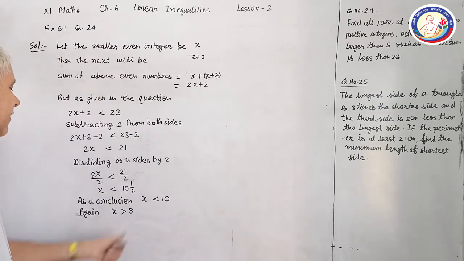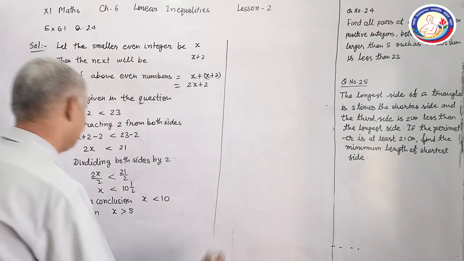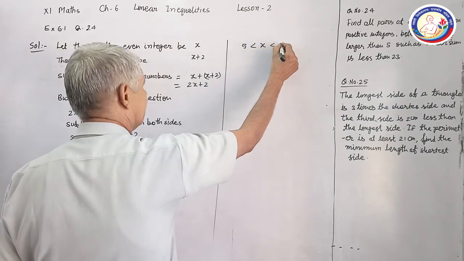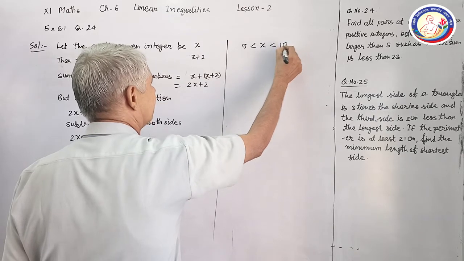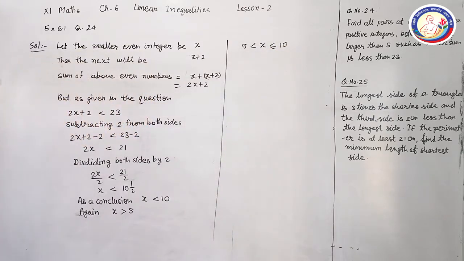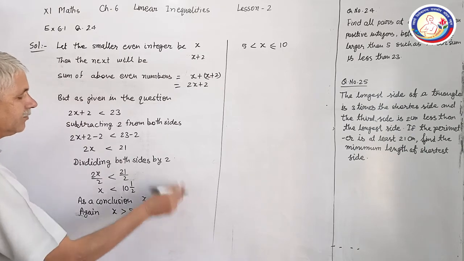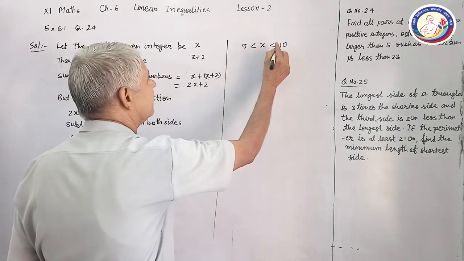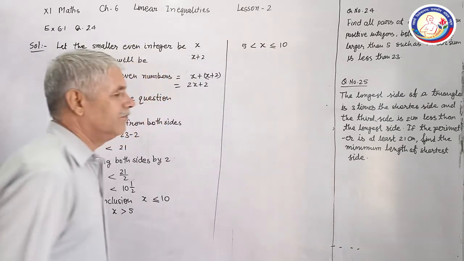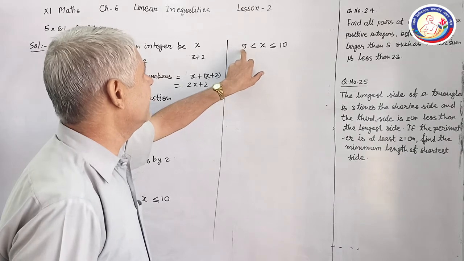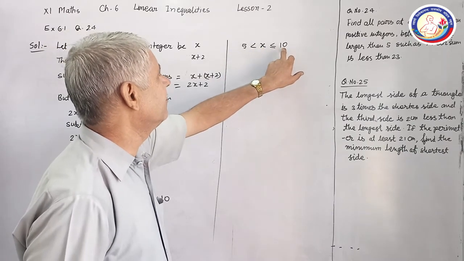So we will find the value of x satisfying both conditions: 5 is less than x and x is less than or equal to 10. It must be less than 10 and 1 by 2, so x can be equal to 10 also. So this is a double inequation where 5 is less than x and x is less than or equal to 10.